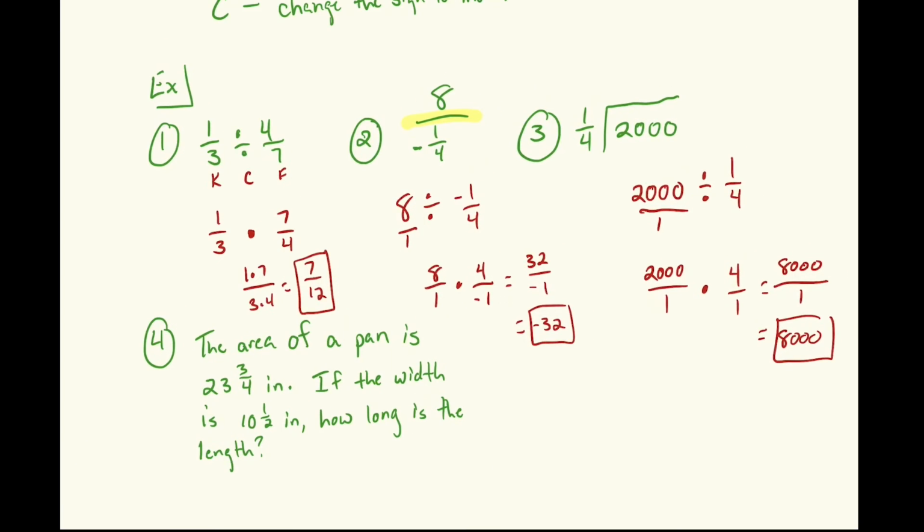Okay, our last problem here, and I'm going to switch colors just to make it stand out a little more. It says the area of a pan is 23 3/4 inches. If the width is 10.5 inches, how long is the length? So these type of word problems can play a big role into what we do in solving.